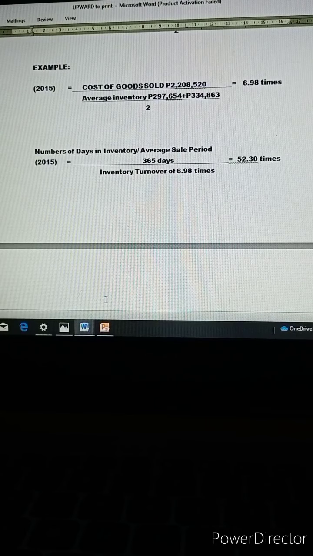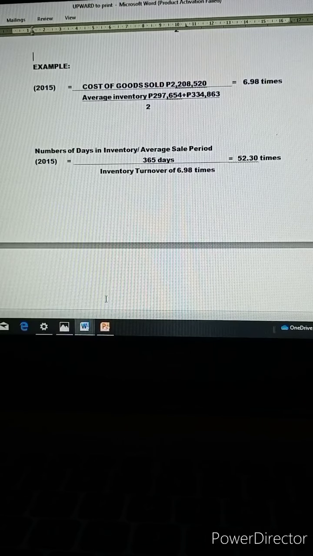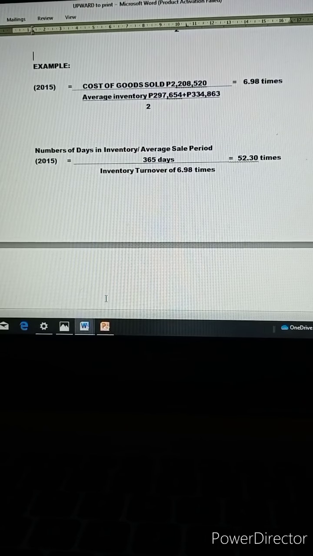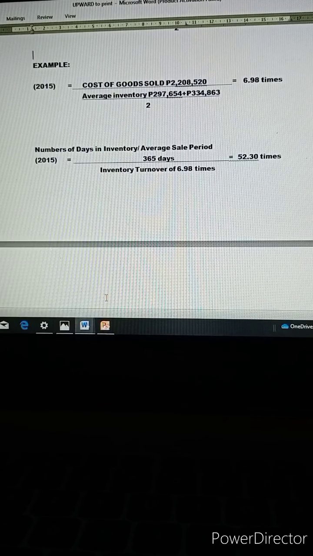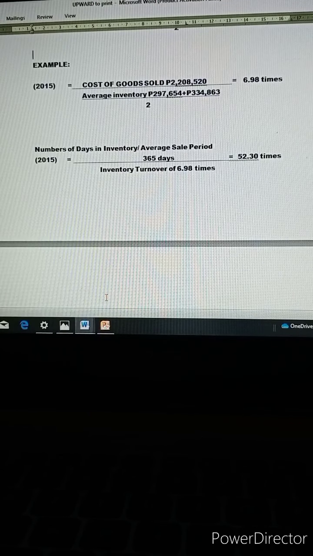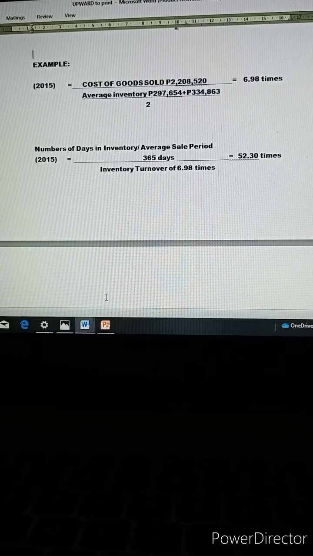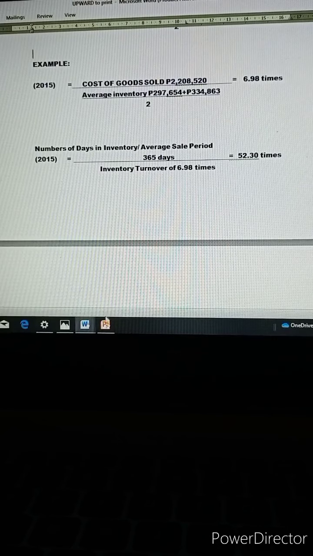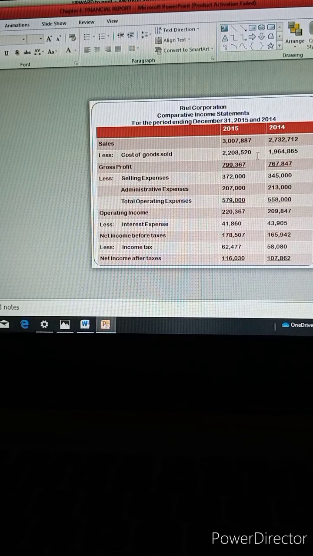So for our example here, we will use the merchandise inventory for 2015. The formula is cost of goods sold over average inventory, which is the sum over 2, and then the result. So if you are wondering where we would get these figures here, the 2 million and so on, please refer to the illustration that I have given. Here, this is the cost of goods sold.